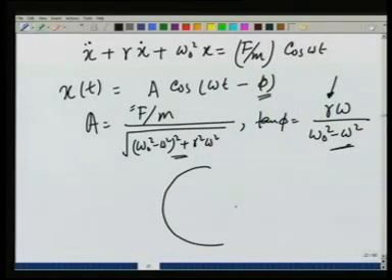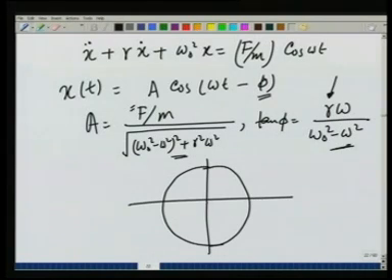So, if I look at the phasor diagram at time t equal to 0, if this is the force, the displacement, obviously the magnitude is going to be slightly different, but if I just look at the phase relationship, it is going to lag behind by this angle phi.